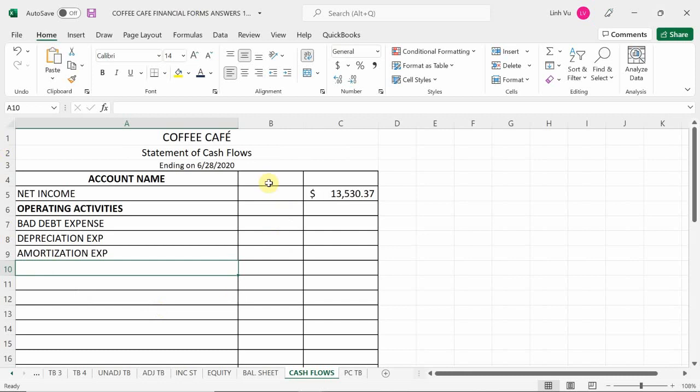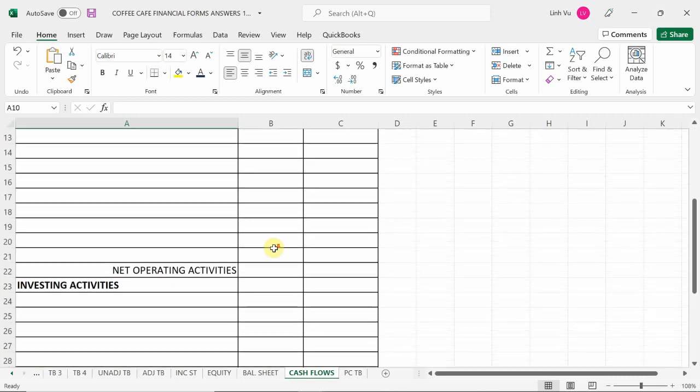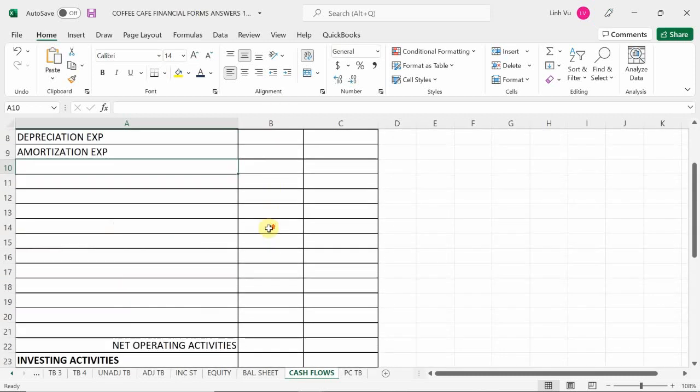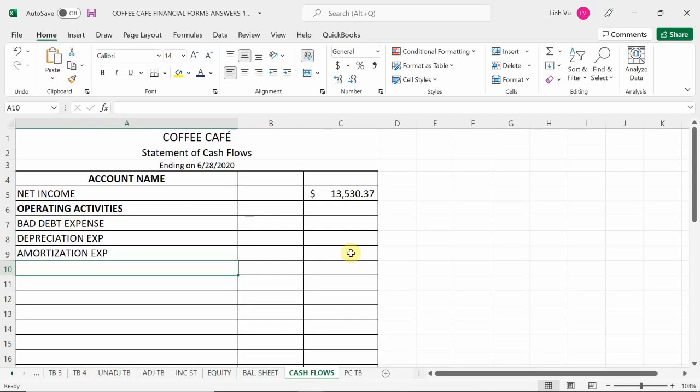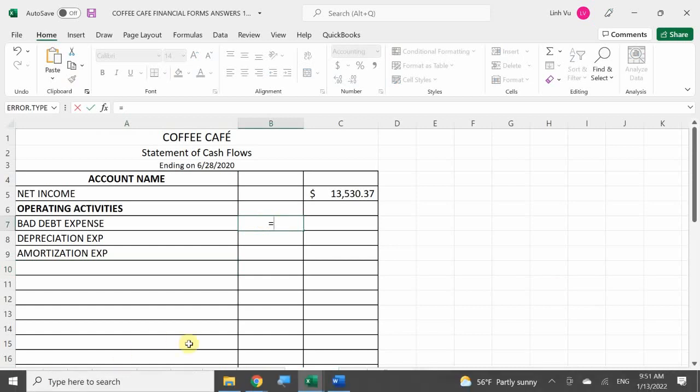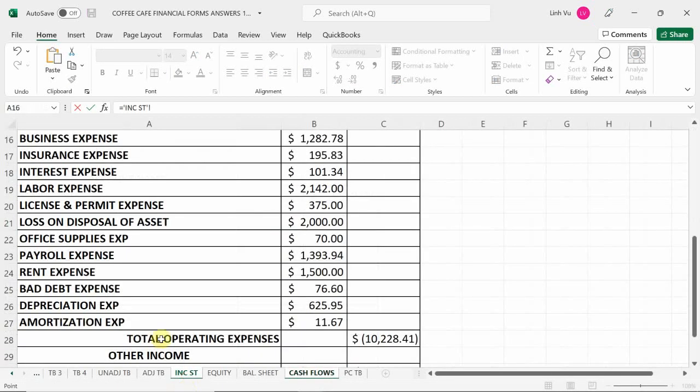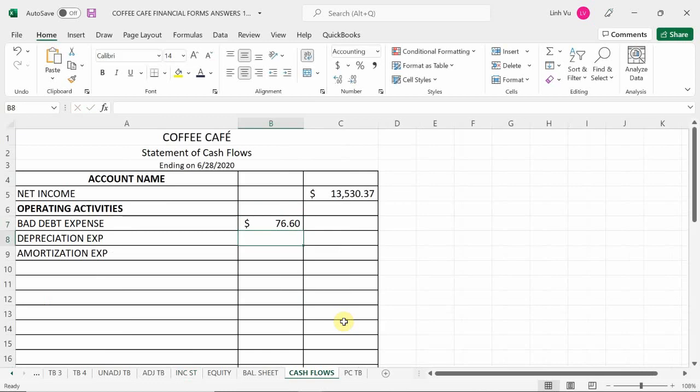Once again, I'm going to have the left side be the list of all the information, and the right side will be the calculations. So in this case, my bad debt was for a total of 7660. Remember, this is going to be added back into the pile because we never spent the money to incur these expenses.